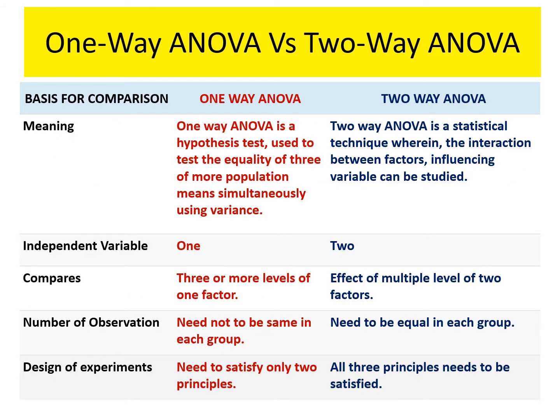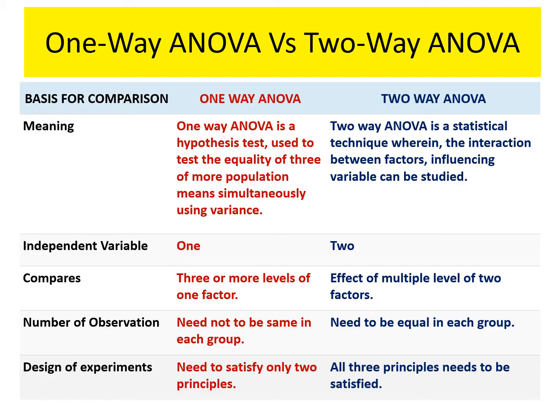Okay, now let's see the differences of one-way and two-way. For one-way, the hypothesis test that you're going to test here is the equality of three or more populations, which is simultaneously done.